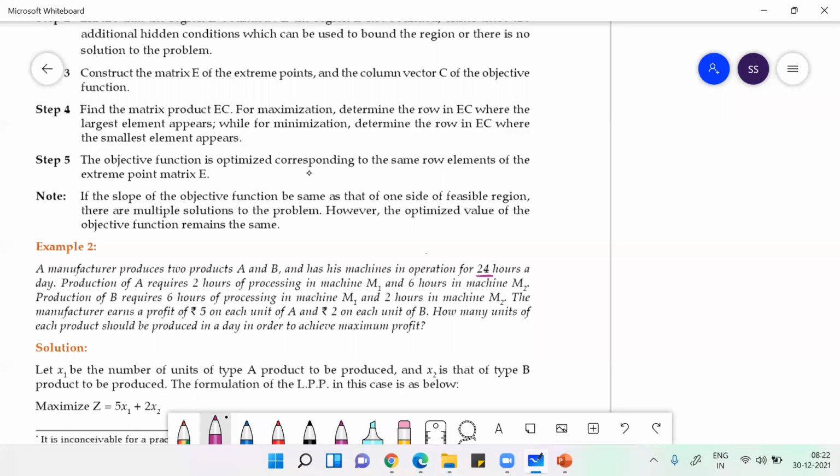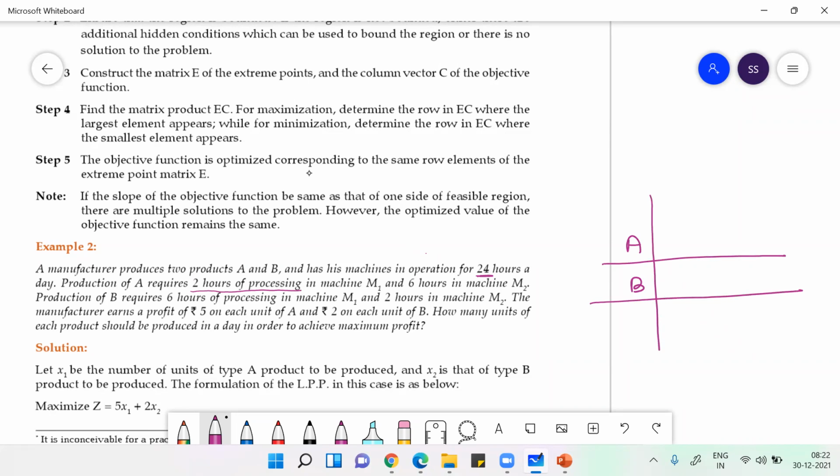So all the 24 hours his machine is working. Production of A requires 2 hours of processing in machine M1. So a company is manufacturing two products A and B.